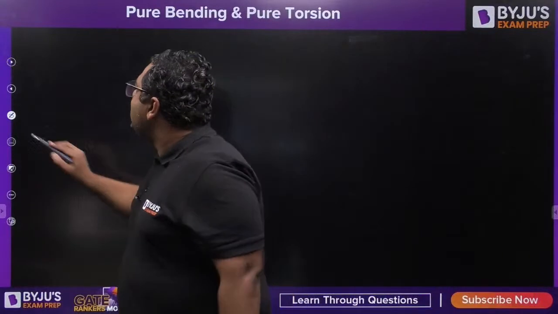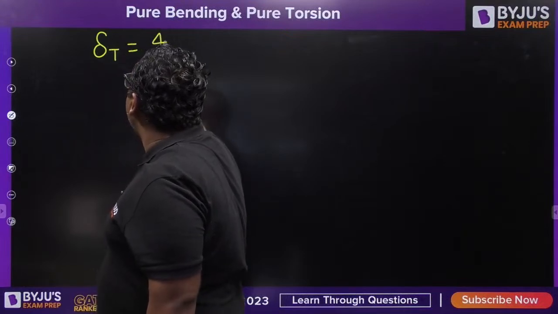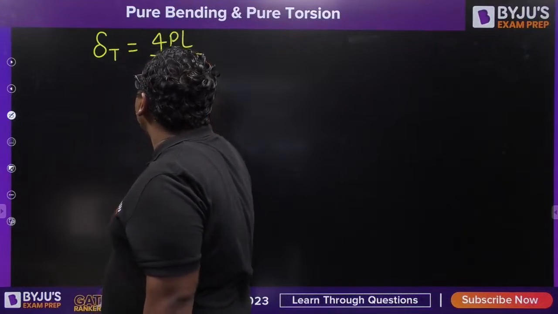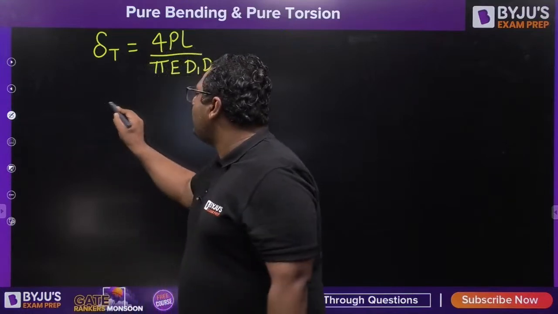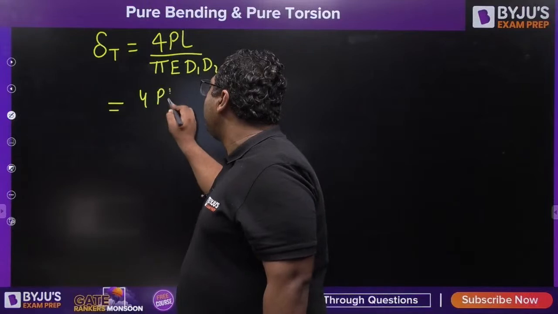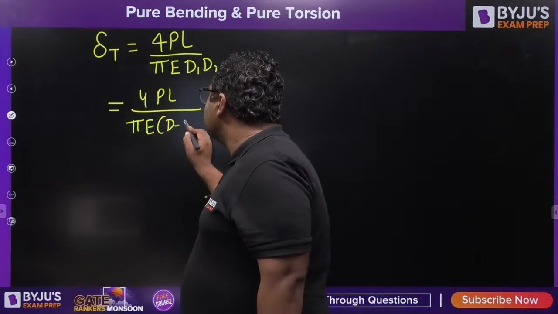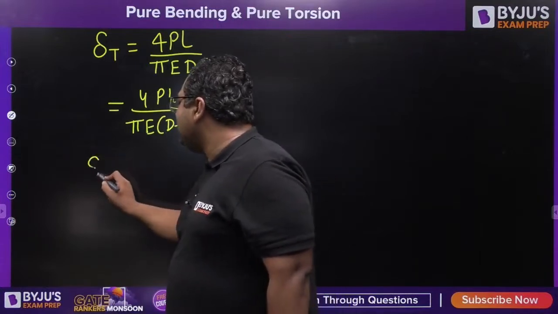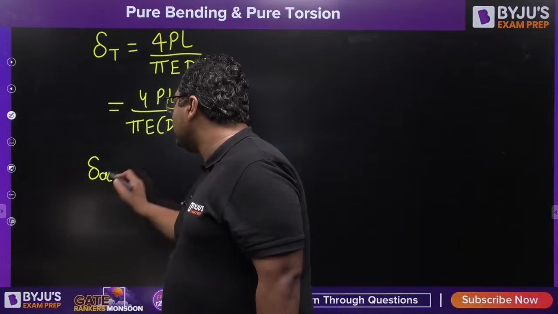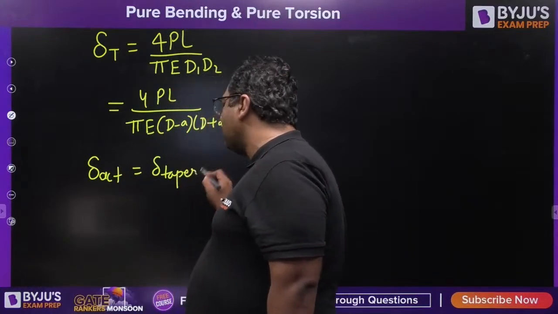You already know that delta taper formula is 4PL upon pi E D1 D2. If you put in the values, it is going to be 4PL divided by pi E, D minus A, D plus A. And delta actual is delta taper only, because the reality is the taper bar only.